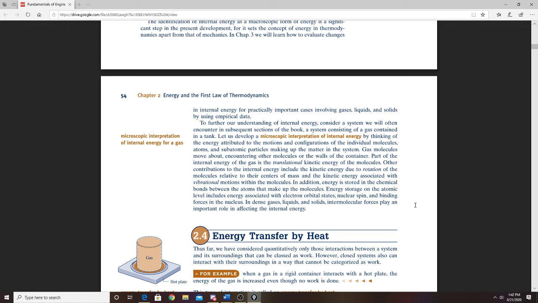So when we say internal energy, what I want you to think of is that it's energy that the fluid has absorbed, right? Let's put it this way.